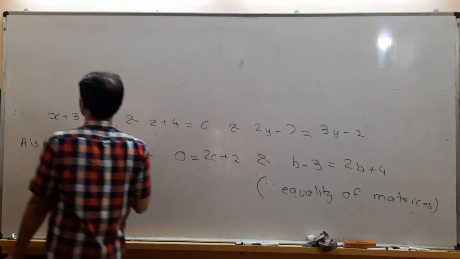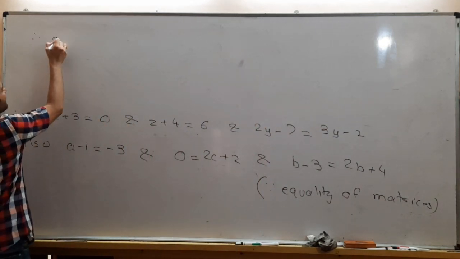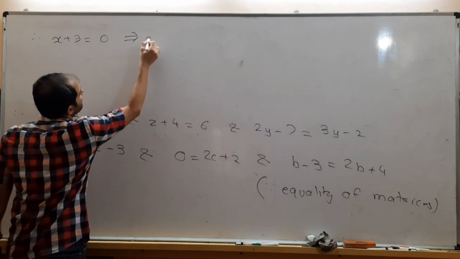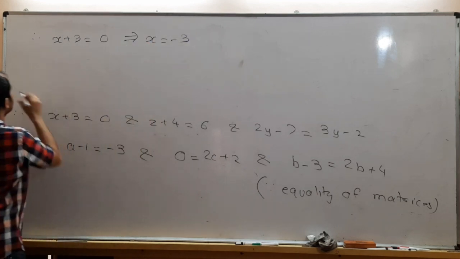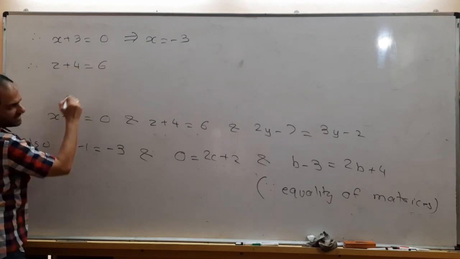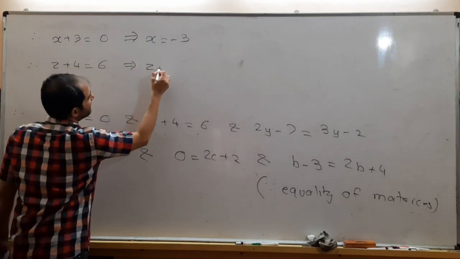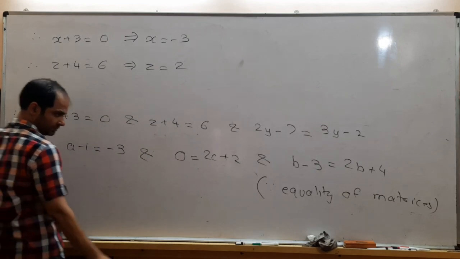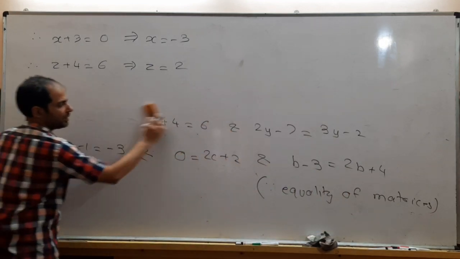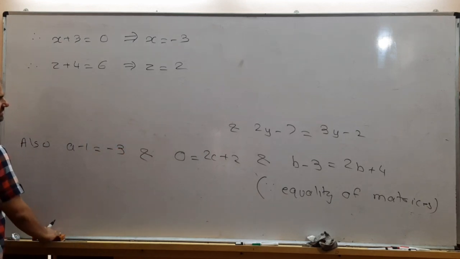So first of all, x plus 3 equal to 0 implies x will be minus 3. Therefore, z plus 4 is 6 implies z will be equal to 2. So x and z will be found out.